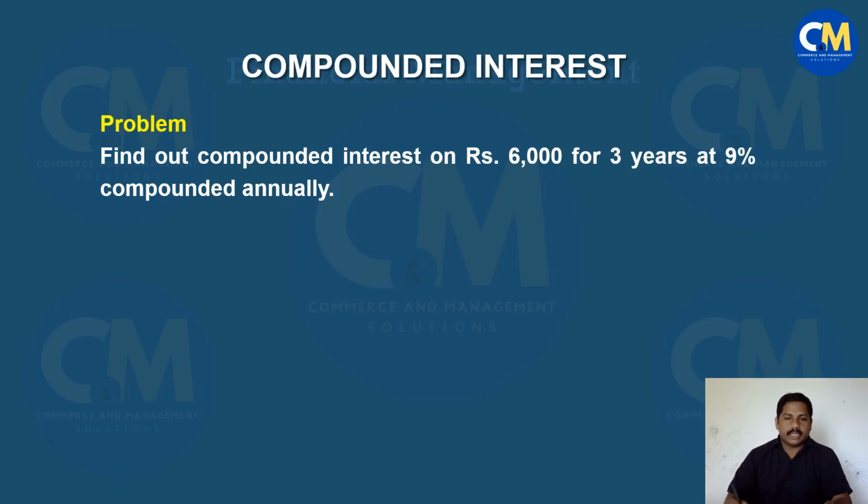For calculating this kind of question, to calculate compound interest, we can use an equation: amount, that is the total amount at the end of the 3 years, is equal to P into 1 plus R raised to N. Here P is the principal amount, which is 6,000.